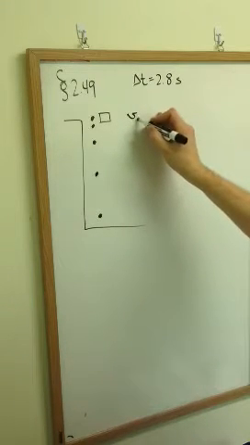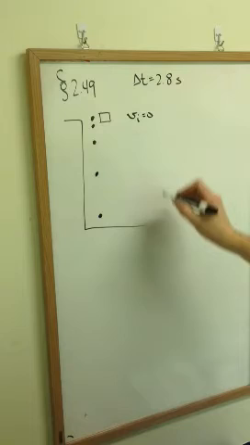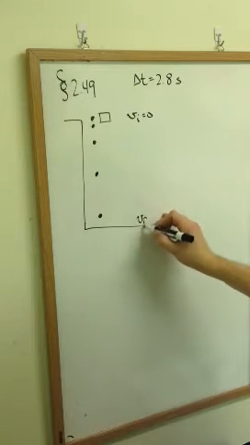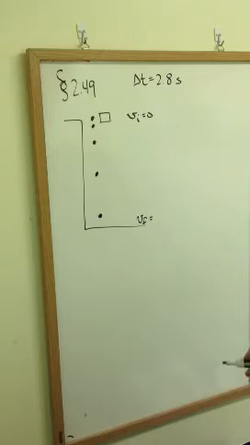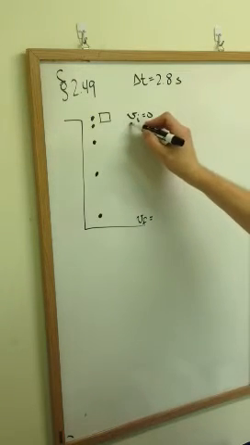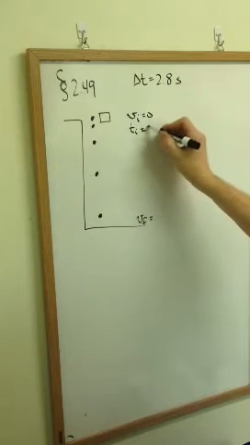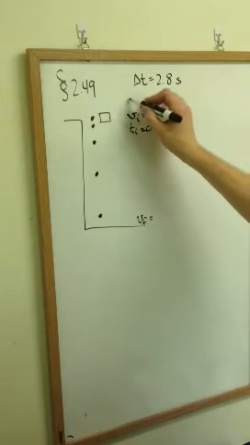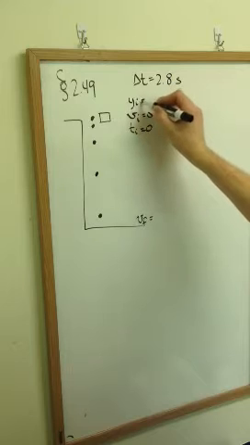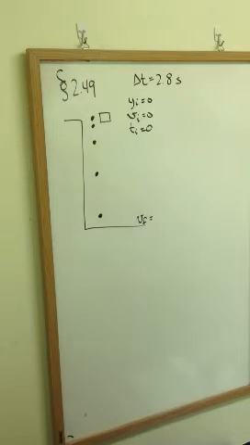Initial velocity is equal to 0. Final velocity, we don't know. T initial is equal to 0. Y initial is equal to 0. We don't know the height.